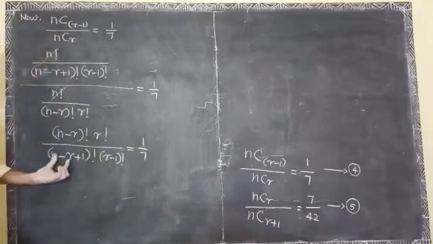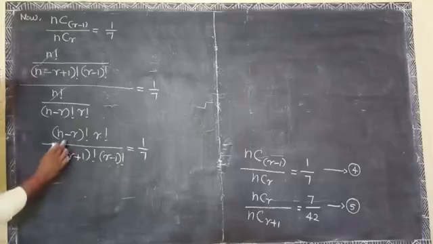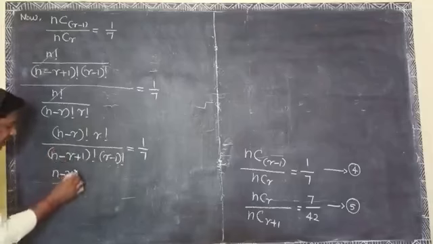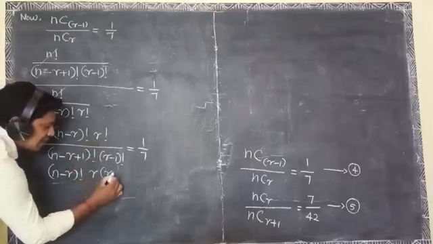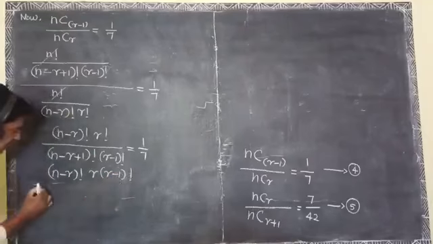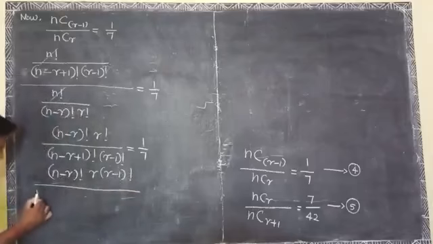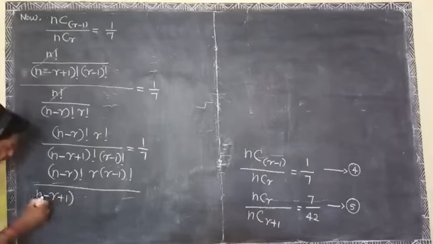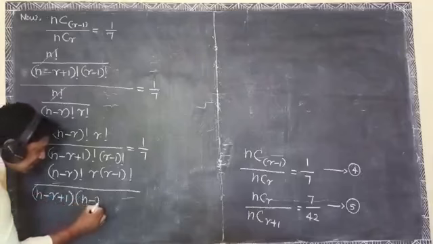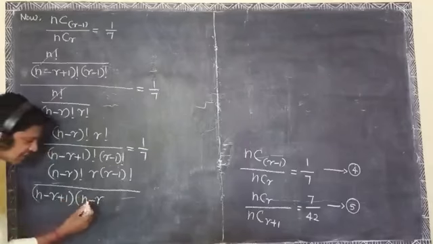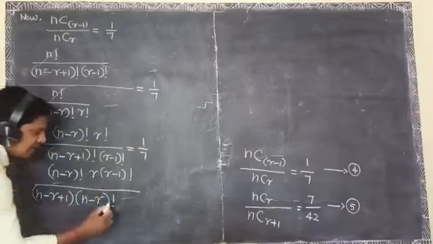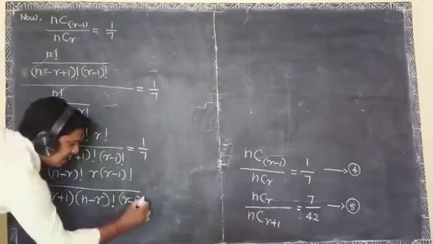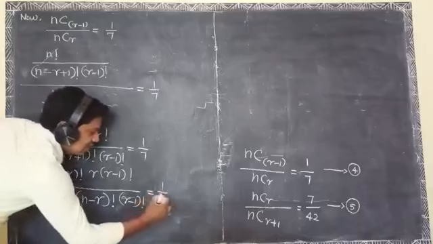Here (n minus r plus 1) factorial changes to (n minus r plus 1) into (n minus r) factorial, and r factorial is r into (r minus 1) factorial. Then (n minus r) factorial and (r minus 1) factorial cancel, and the remaining is r divided by (n minus r plus 1), which is equal to 1 divided by 7.